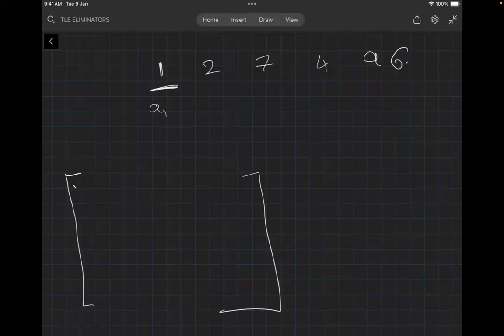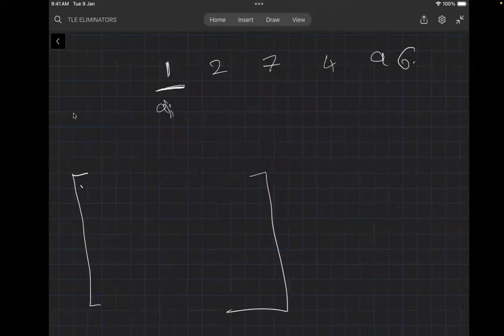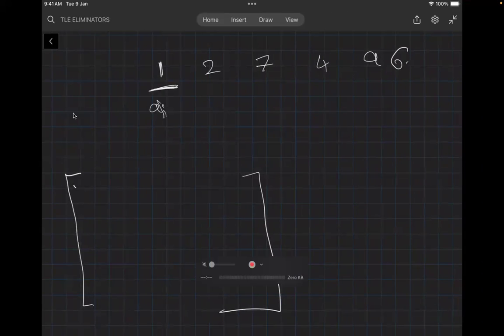So ai, and what are x and y? X is given to be 5, Y is given to be 2. So what is 1 mod 5? It is 1. And what is 1 mod 2? It is 1 again.